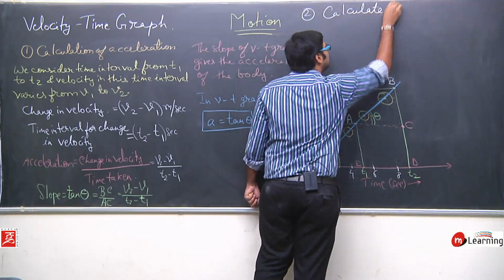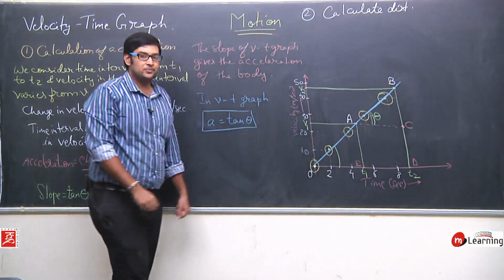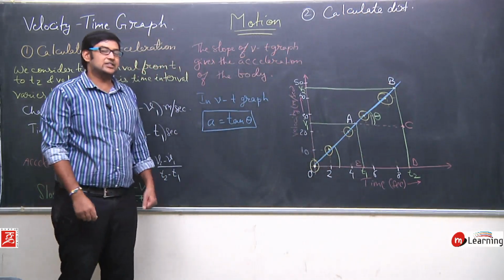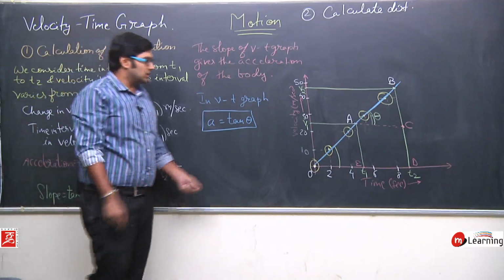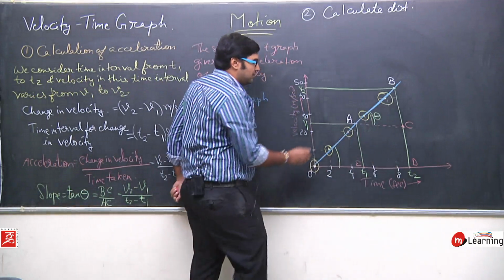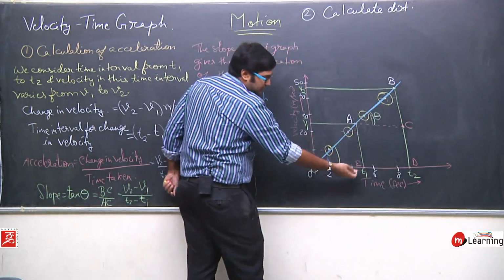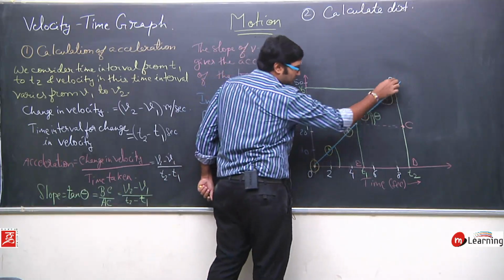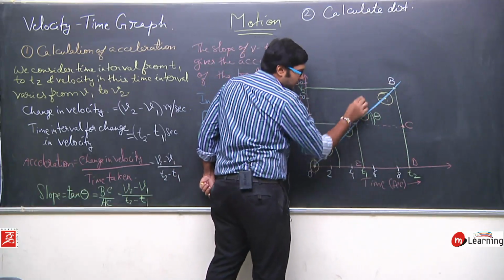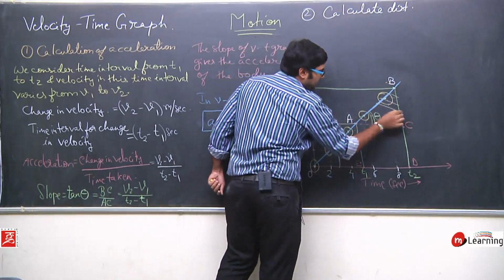Calculate distance traveled. Now how to calculate the distance? We have seen that distance is basically the area under the velocity time graph. So what are we considering? We are considering this much part of the area, this much part of the velocity time graph, that is A, B, D, E. Yes, A, B, D, E is the part which we are considering.